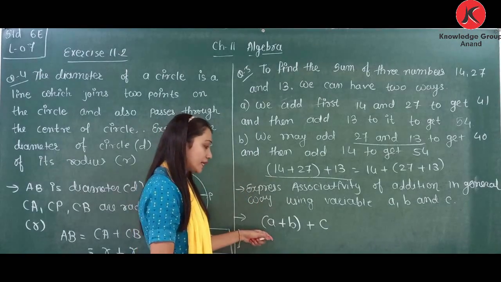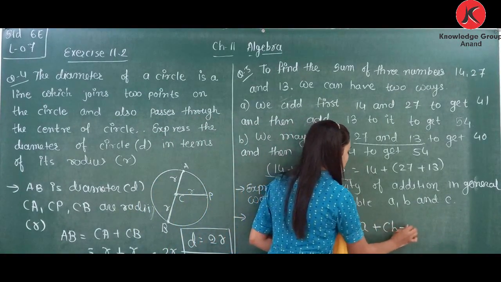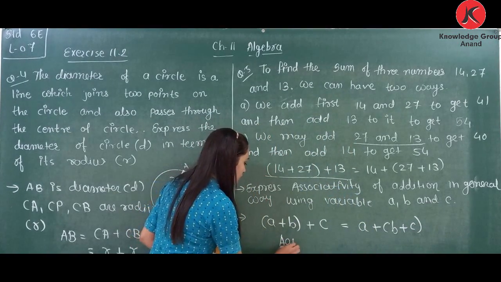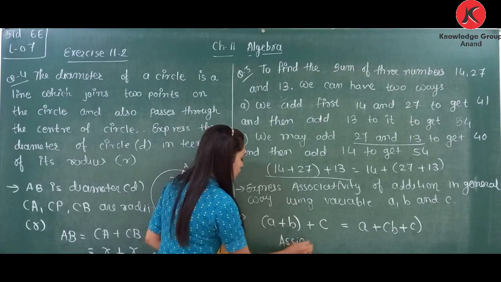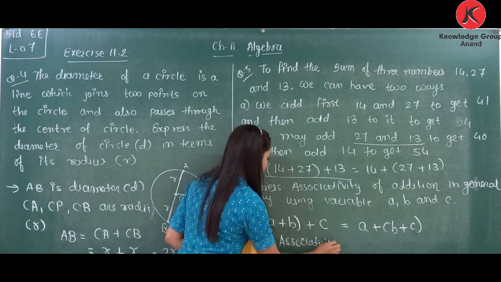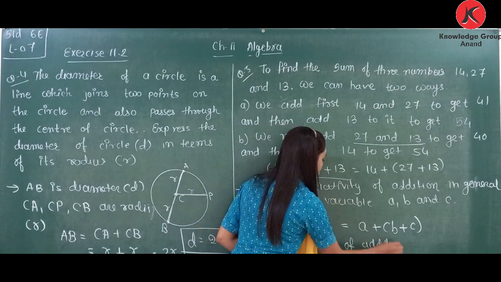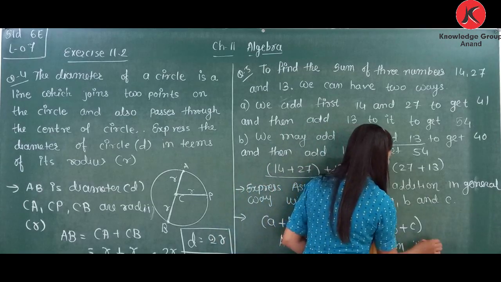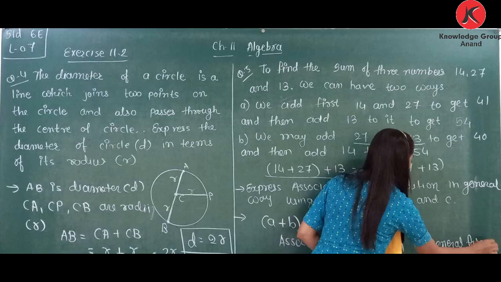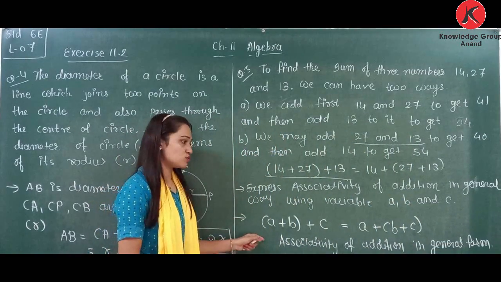So this is the right hand side, and on the left hand side you can write a plus b plus c. This is what? Associativity of addition in general form. So this way we can use the general form of associativity.